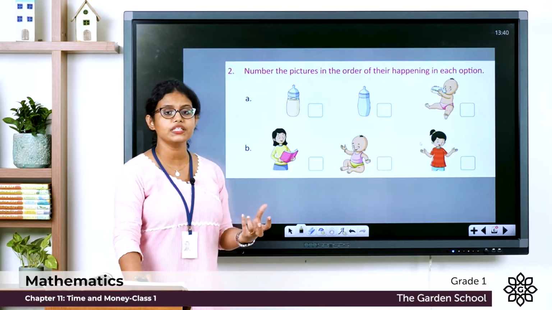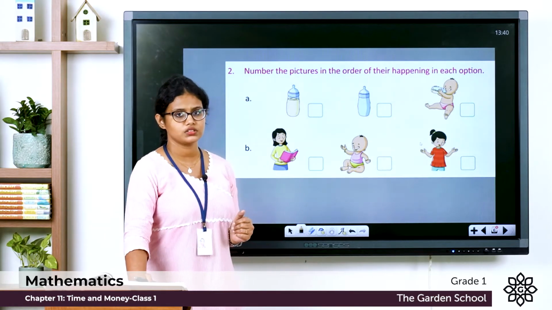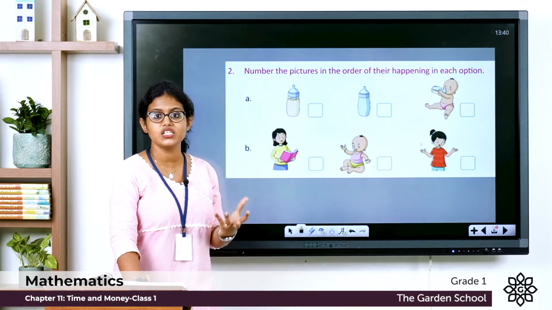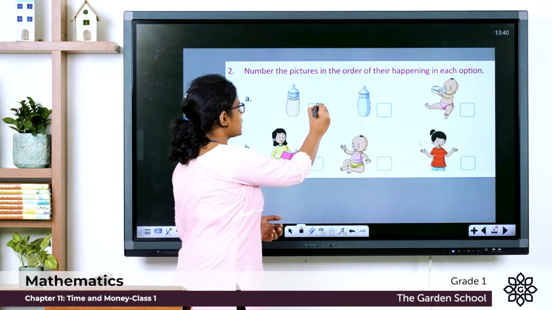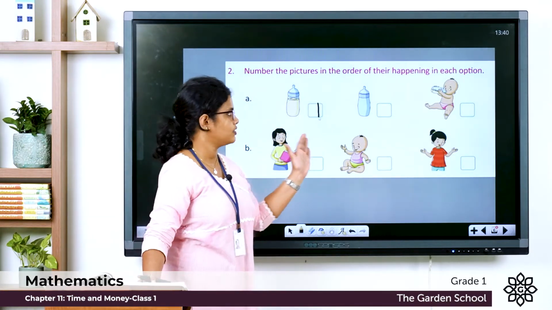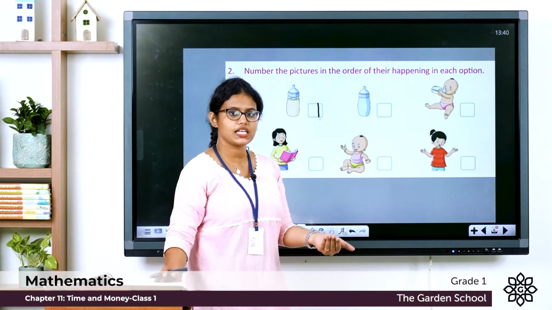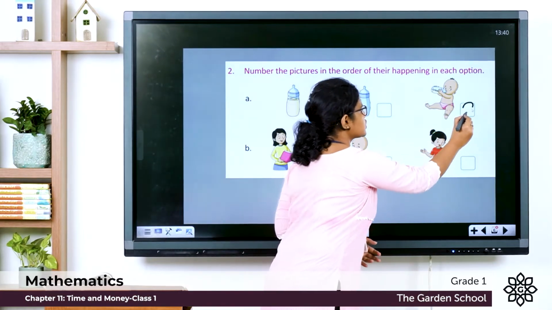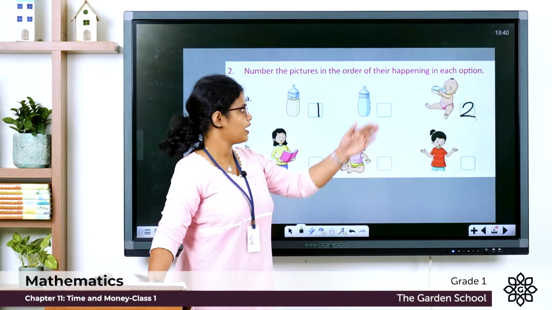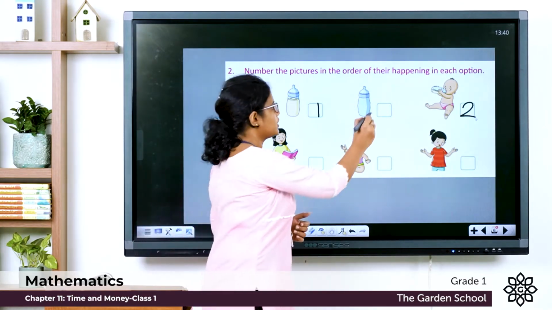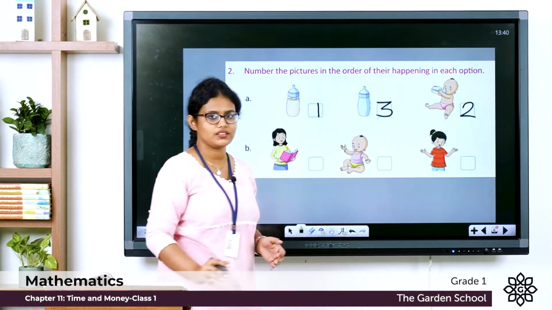So you have to number them in the correct order. So you can number it as first bottle which is filled with milk. So let's number it 1. Okay. Then the kid drinking the milk. So that is the second one. So let's write here 2. Then the bottle becomes empty. So that is the third one. So let's write here 3.